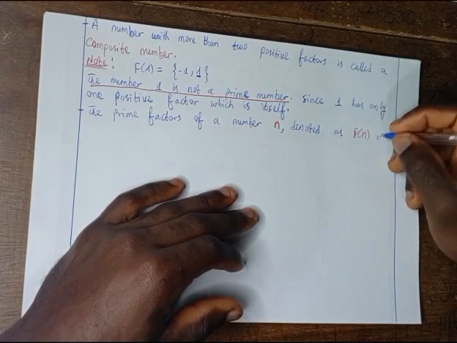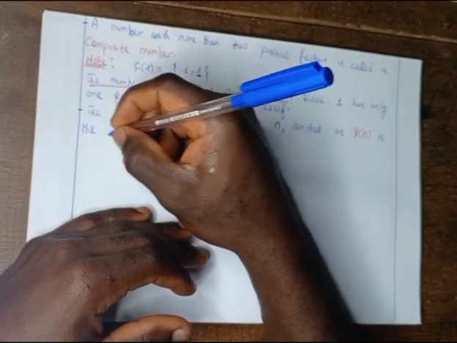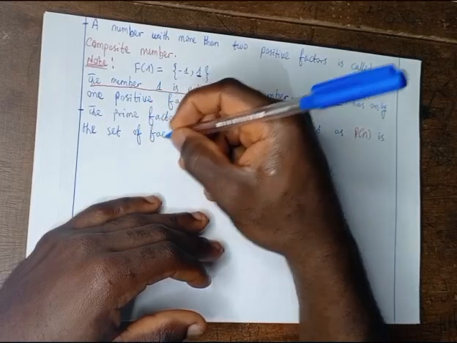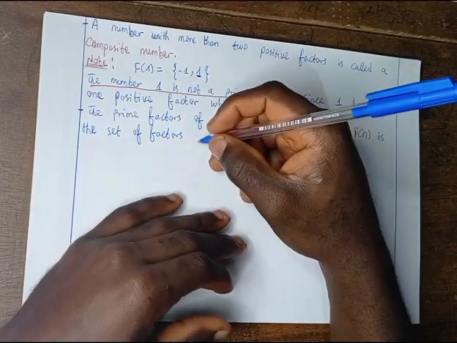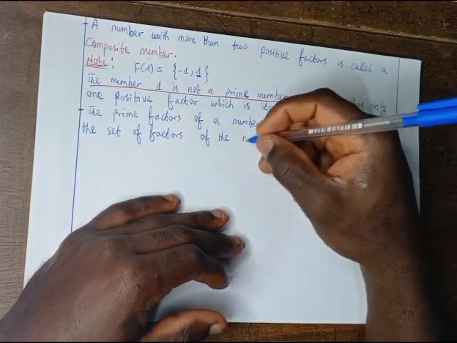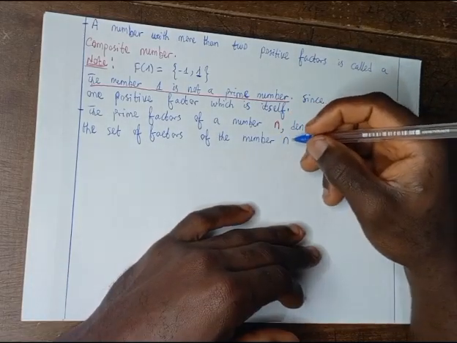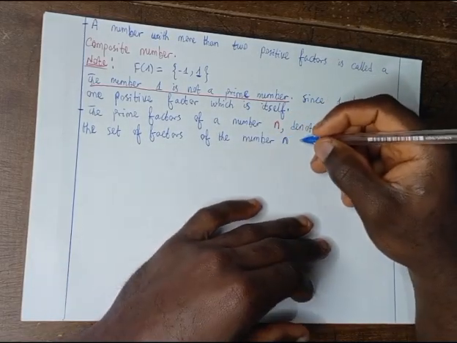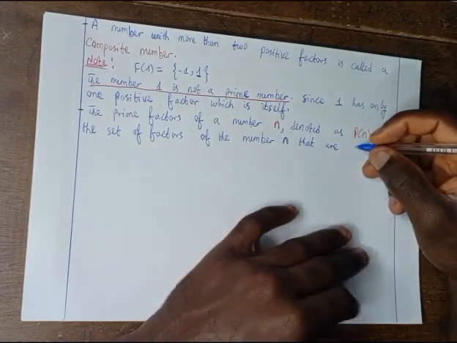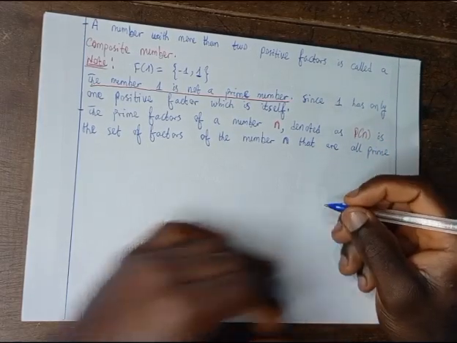Pn is the set of factors of the number n that are all prime numbers.